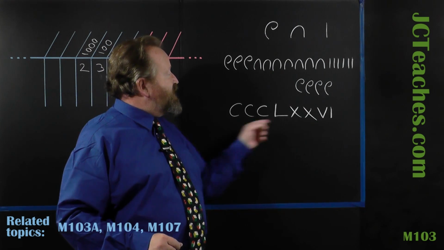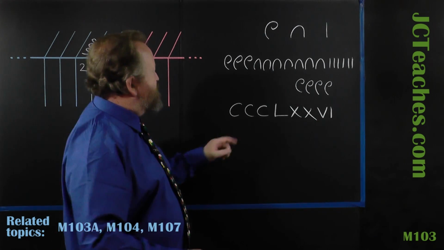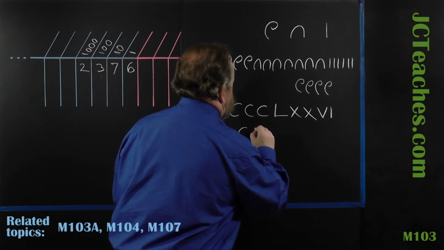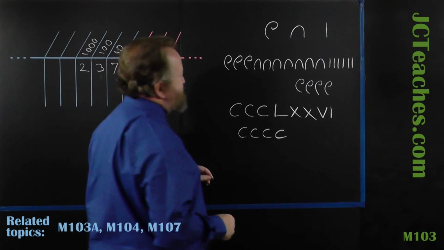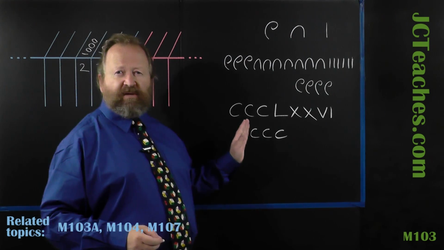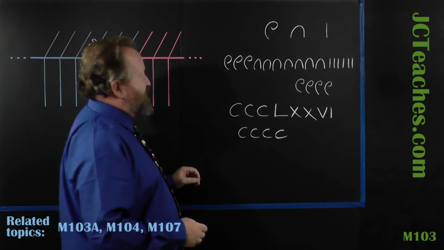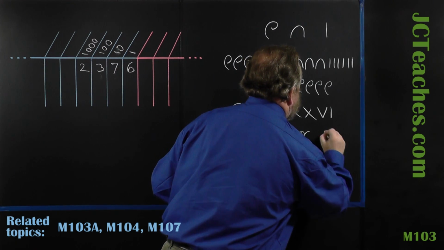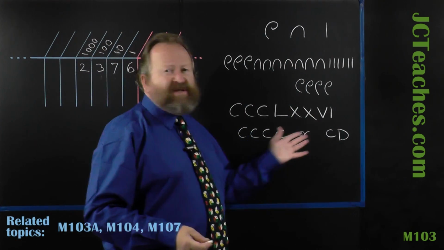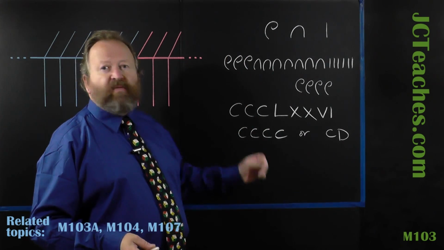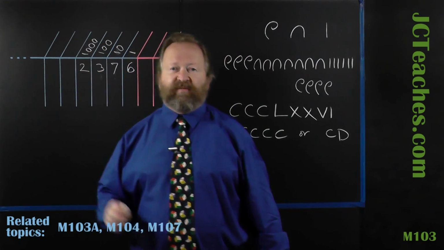But still, if you make it up to 400, you would have just C, C, C, C, or they didn't even do that, because 500 was the letter D, they would have C, D to represent 400. Now all this is a bit confusing and illogical when compared to the system that we have.